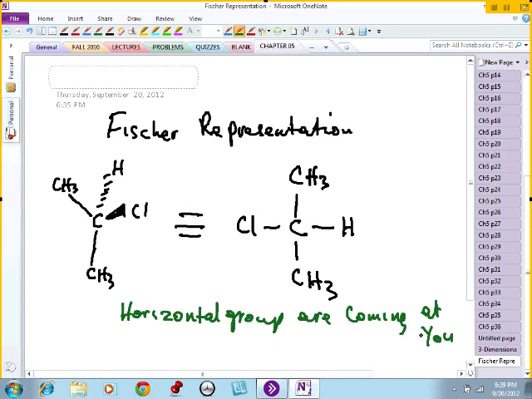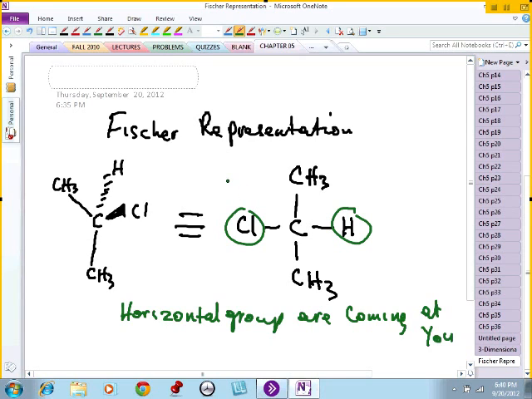When you write the Fisher projection, the horizontal group, in other words this chlorine and this hydrogen, you assume they are coming at you, even though you are simply using a two-dimensional representation. Is that clear?